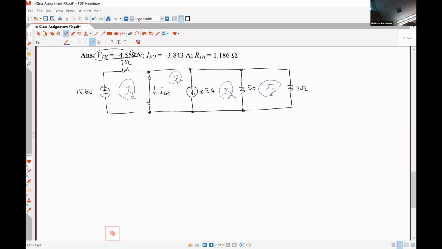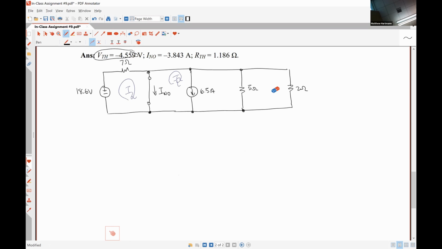Based on our circuit as it's drawn with that short circuit over there on the left-hand side, could we determine what the current through, say, the 5 ohm resistor or the 2 ohm resistor is without actually doing any work? Wouldn't it be 0? Exactly, because the 5 ohm resistor and the 2 ohm resistor are shorted out. They are in parallel with the short circuit.